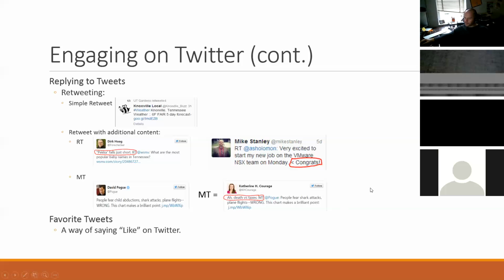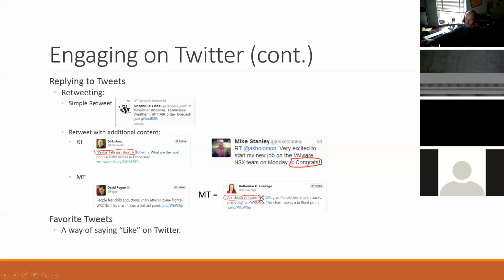So this Catherine H. Courage came along and wanted to retweet, but maybe, I don't know how many characters that was, maybe she didn't like the child abductions part of it, or maybe it was too many characters for her to add what she wanted to add. So she added "death versus taxes," and then the colon, and then the MT. And we can see here after the @pogue username, "people fear" and the child abductions phrase is gone.